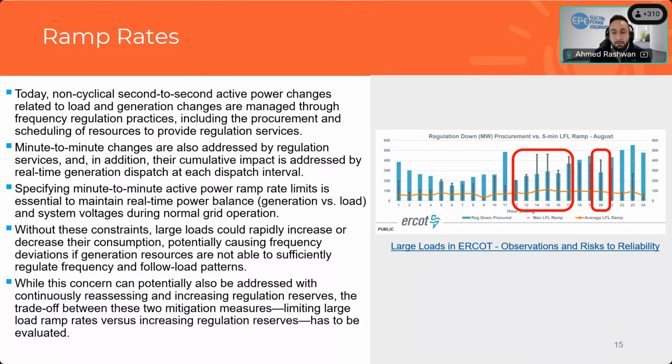So, generally the way we look at this is changes in active power that are in the second to second or minute to minute range are going to be controlled through some form of automatic generation control. The cumulative impact of those minute to minute changes can be handled at the next dispatch interval, kind of reestablish your automatic generation control capability. But within those intervals, it's certainly going to be handled through your frequency control mechanism.